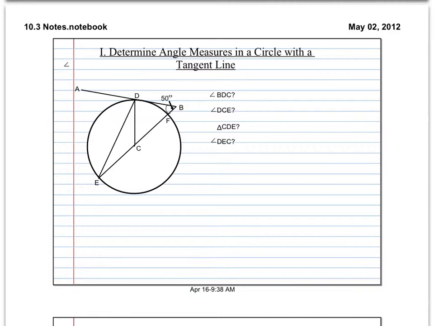So to do that, just take 180, subtract 50, subtract 90, you get that blue angle to be 40 degrees. So the last part is to then find this angle at the green line.